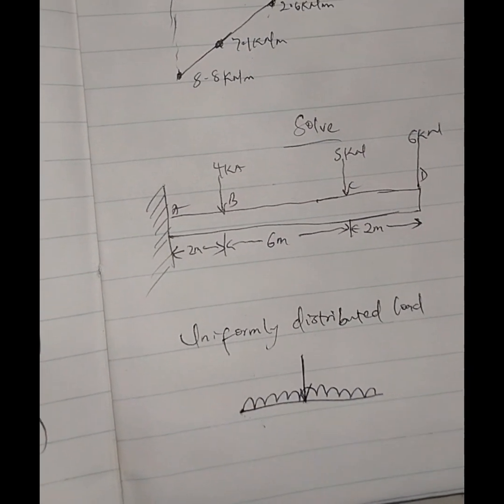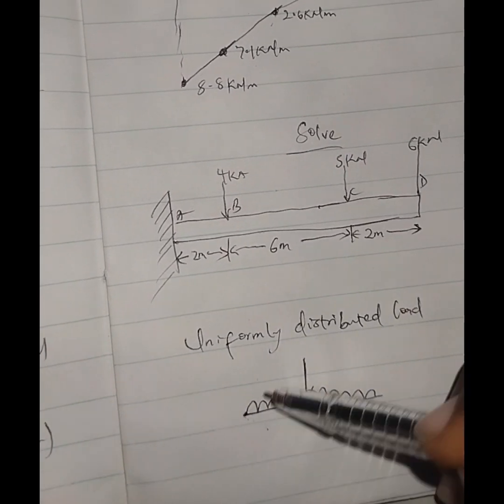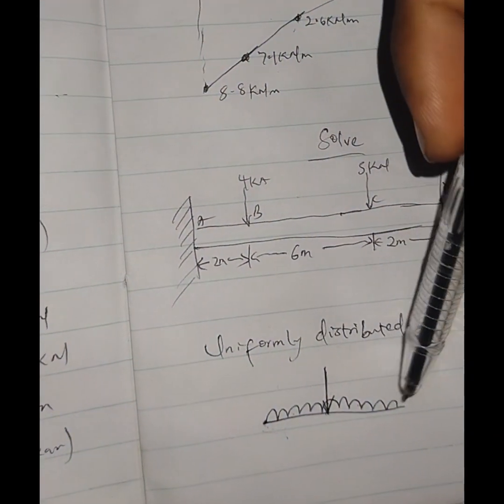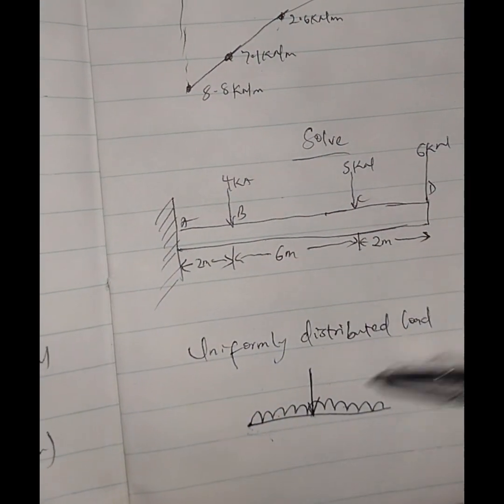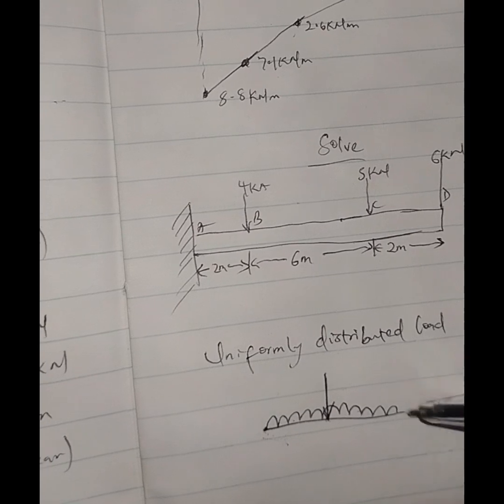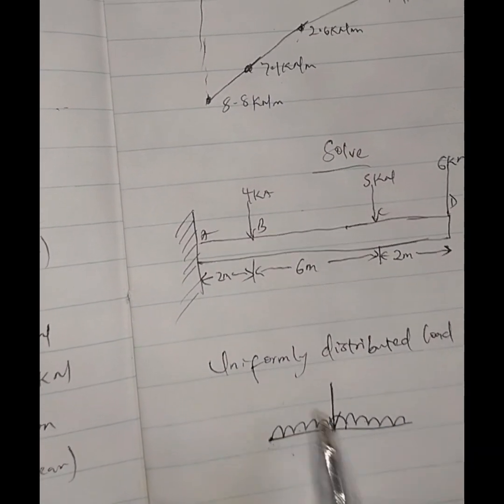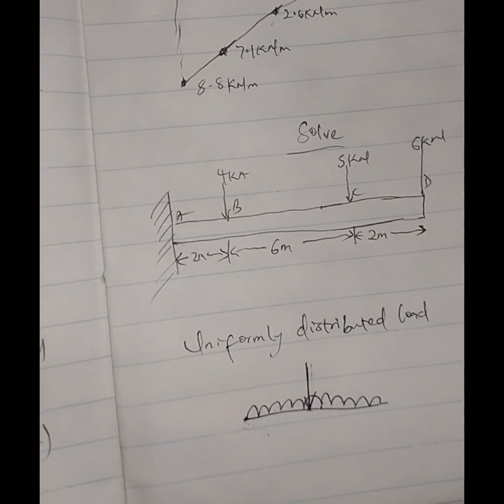If I'm lying down on it, that means I'm spreading my weight across the table. So if I'm to solve this, I need to find a way to make my weight stay in this middle point. That's what we'll be doing in uniformly distributed load.